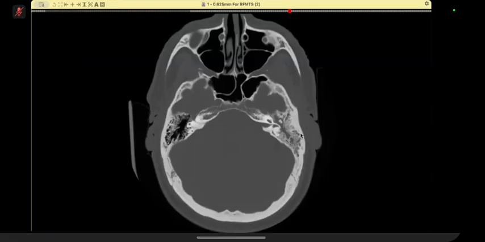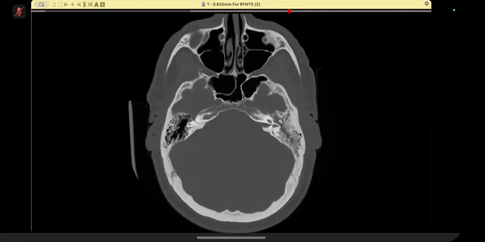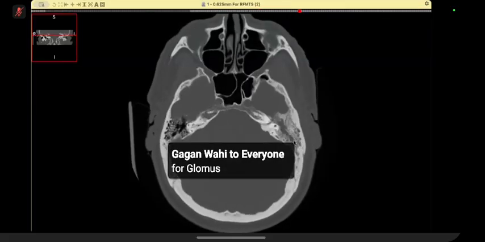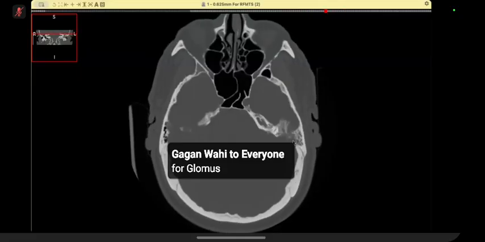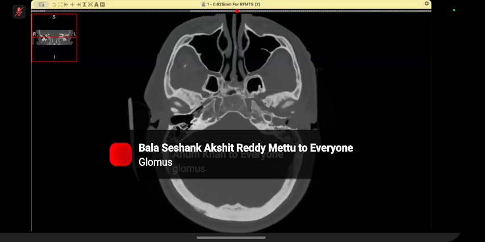This patient is interesting because the patient is 62 years old and initially presented with acute mastoiditis type of findings, and this was the original CT scan, and we can see that there is opacification.